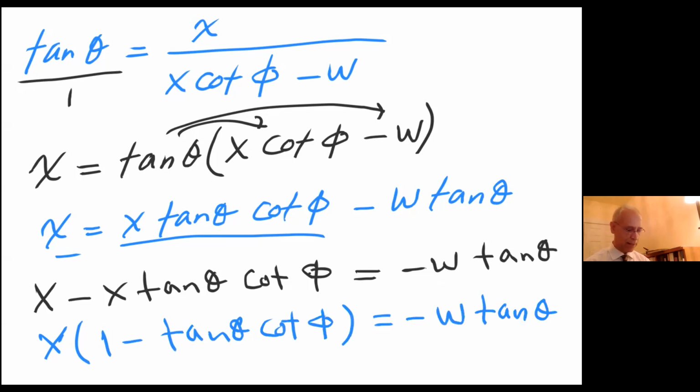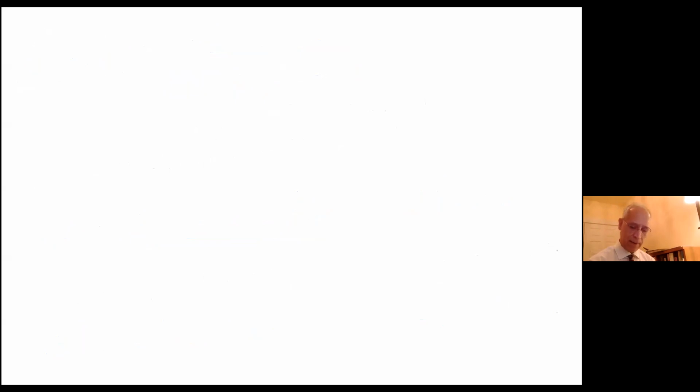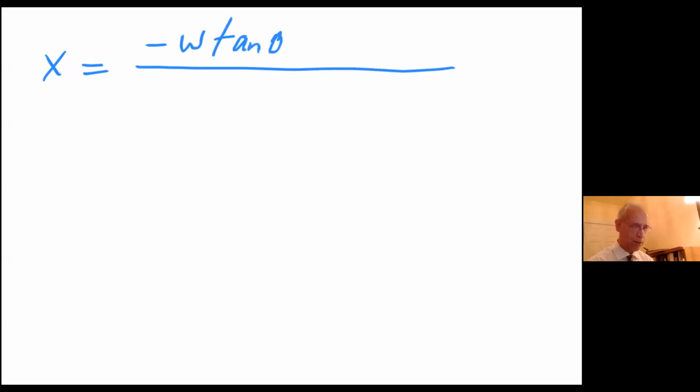So let me go to the next page. I get x equals minus w tangent of theta over 1 minus tangent of theta cotangent of phi.